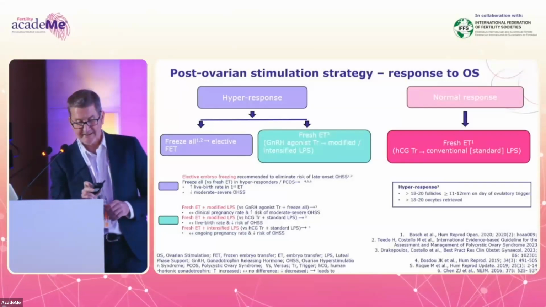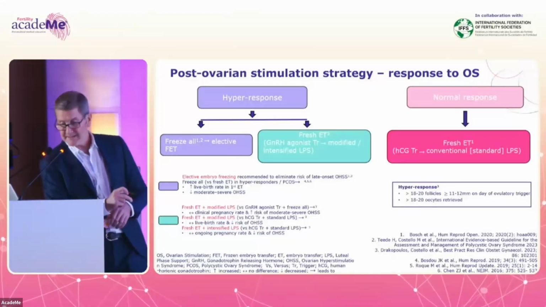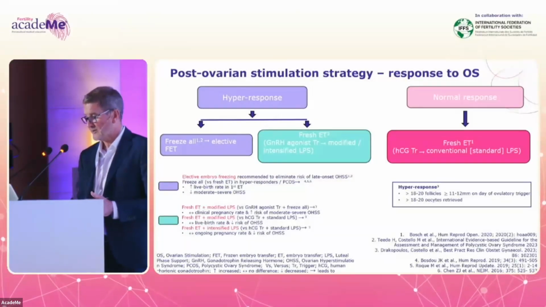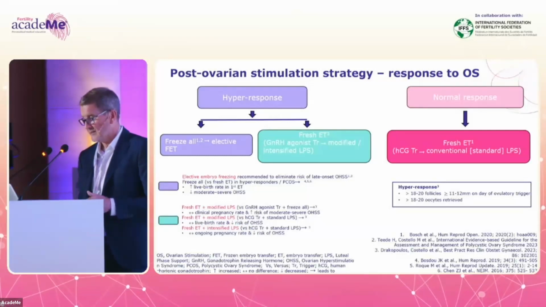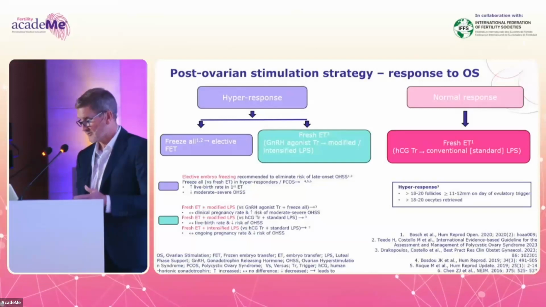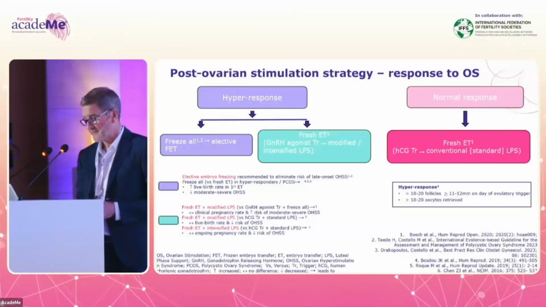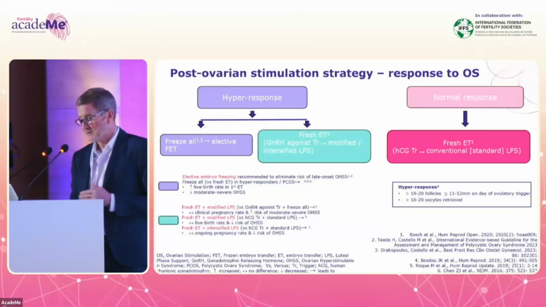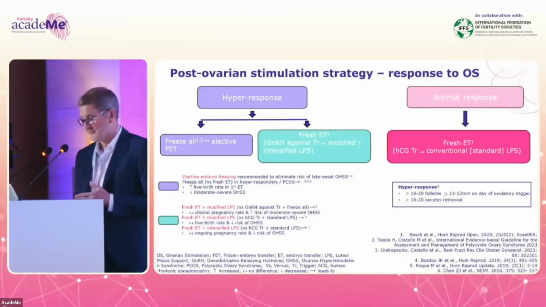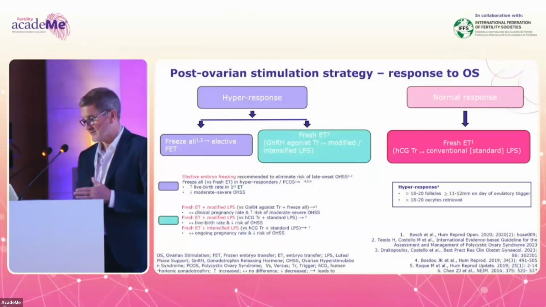And when we look at the evidence for that specifically in the hyper-responder population, here we can see when you compare a fresh embryo transfer with modified luteal phase support versus an agonist trigger freeze-all, no effect on efficacy, but there is an increased risk of moderate to severe OHSS with the modified luteal phase support rather than freeze-all. But when you look at fresh ET with modified luteal phase support versus a HCG trigger with standard luteal phase support, no evidence of a difference in live birth rate, but there is a reduced risk of OHSS.